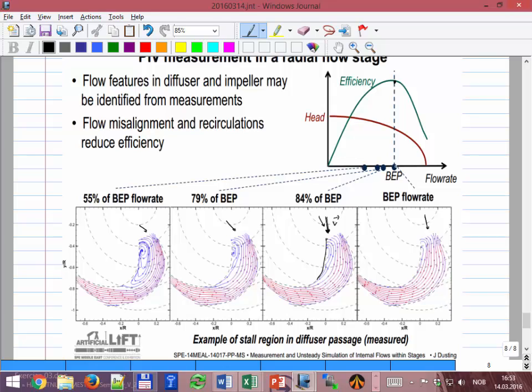And the same thing is going to happen if I increase the rate, but in the other direction. I will have a recirculation now on this wall here, and the losses will be higher and higher. Usually when this happens, you get a lot of vibration. So that's called the best efficiency point.